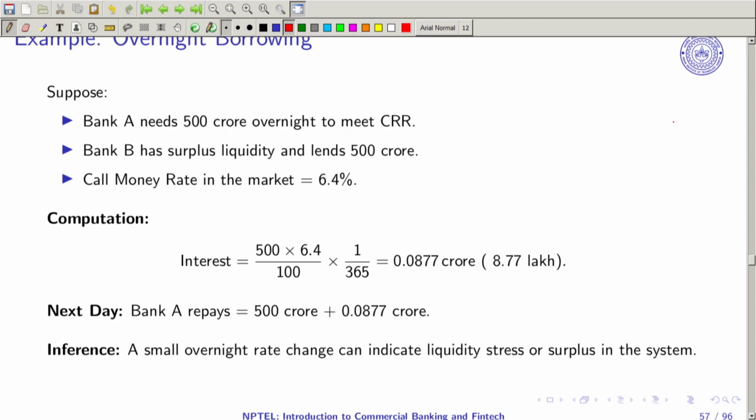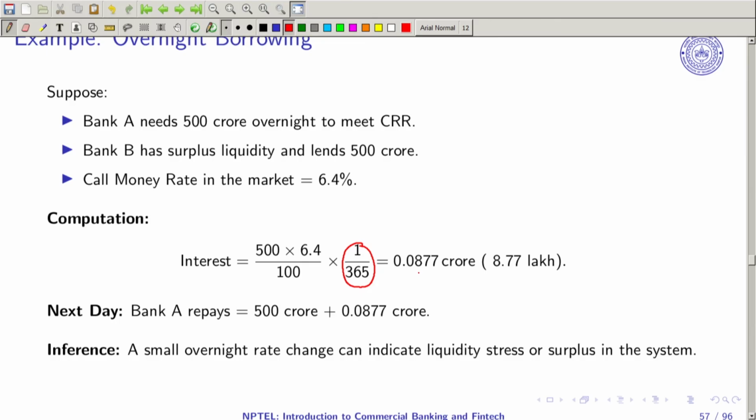So in the overnight borrowing example, bank A needs 500 crore overnight to meet the cash reserve ratio, right. Bank B has surplus liquidity and lends 500 crore, and the call money rate in the market is, suppose, 6.5%. So what will be the computation? It is for 1 day, so in a continuously compounded manner, 1 upon 365 here we have.